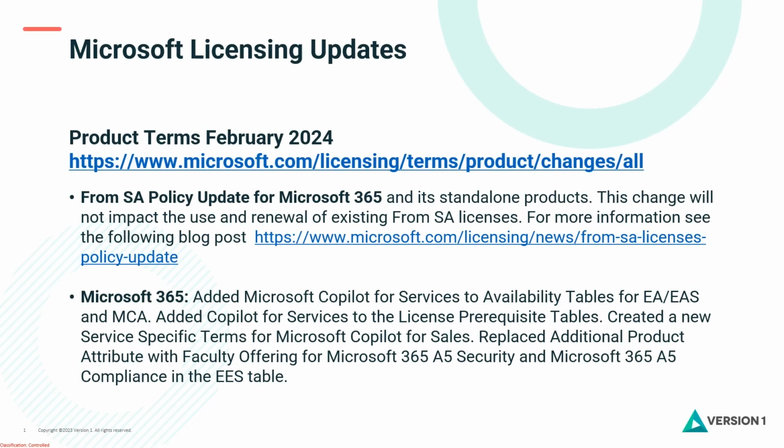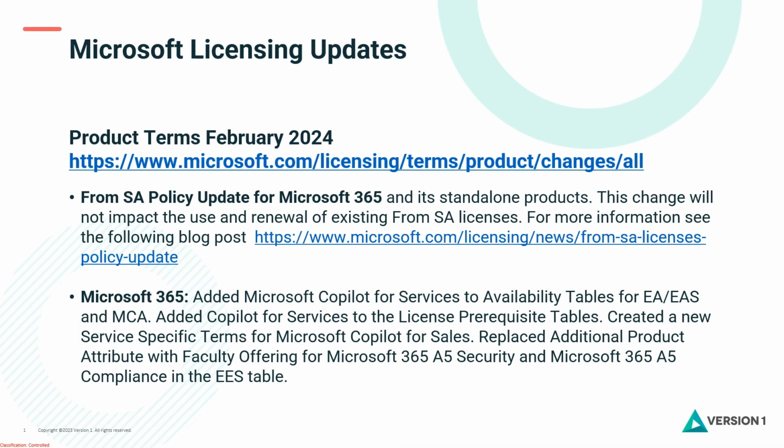So coming back to all things AI and Microsoft 365 Copilot for Services, we saw Copilot for Services added to the availability tables for EA, EAS and MCA. If you're familiar with Microsoft Copilot for Services, it basically lets you create agent-facing copilots that are designed to, in effect, boost agent productivity and improve all things customer satisfaction related.